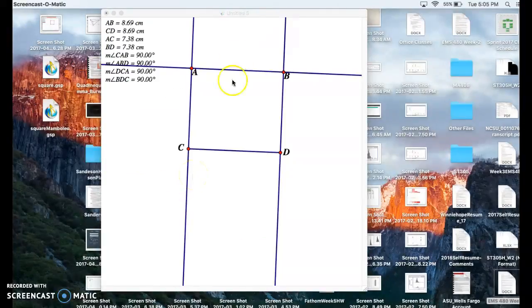After inputting the measurements of the side lengths together with the angles, I affirm that indeed I have a rectangle. I have two sets of parallel lines, and in each vertice I have a right angle. Now this is the definition of a rectangle, and I'll have to go back to what I know. I can't just start drawing things around.